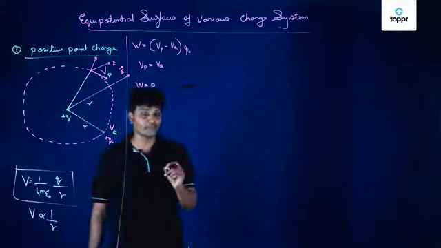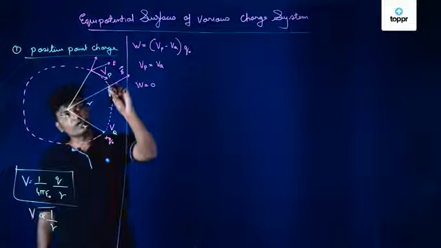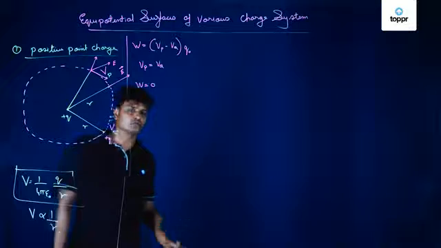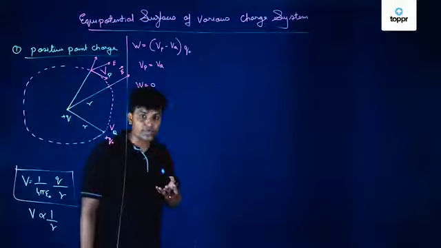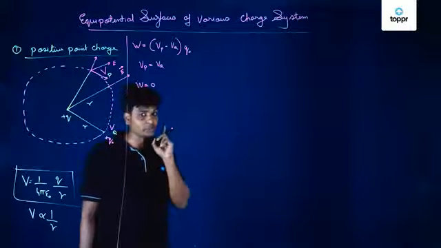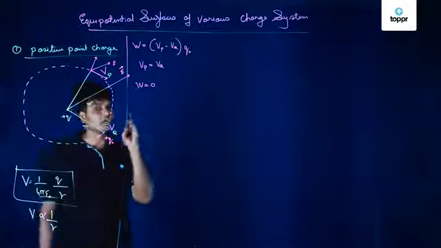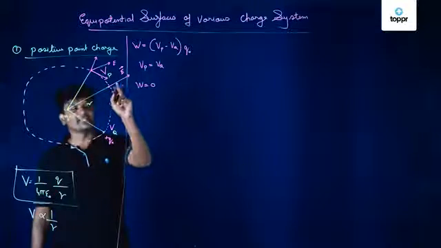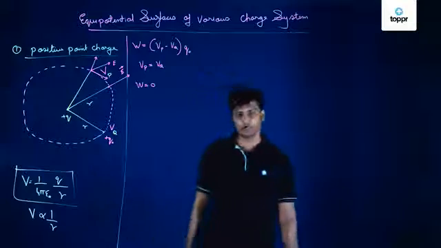If there is an electric field along the surface, then we have to do work to move the test charge against that electric field, and work done will have some positive value. However, work done cannot have a positive value. It has to be equal to 0. So there should not be any component of electric field along the equipotential surface. That's the reason why electric field lines should always pass normally to the equipotential surface.